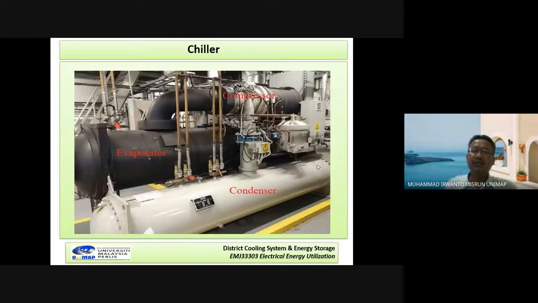At the same time, this chilled water will flow through the riser pipe, let's say like this one, enter above. And after that finishes, it goes back to this condenser. The condenser increases the temperature of the water here, and then it goes to the cooling tower, this one.